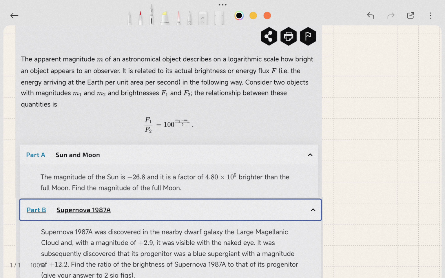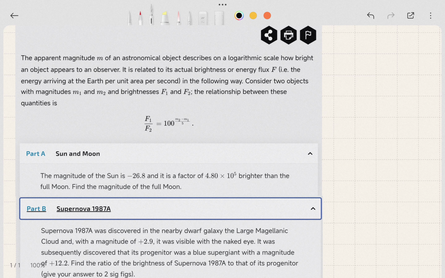So let's actually think about the difference between brightness and magnitude. It says the apparent magnitude m is described on a logarithmic scale, like such. This is a logarithmic scale. And most importantly, it says it's about how bright an object appears to an observer. So it's the apparent one.